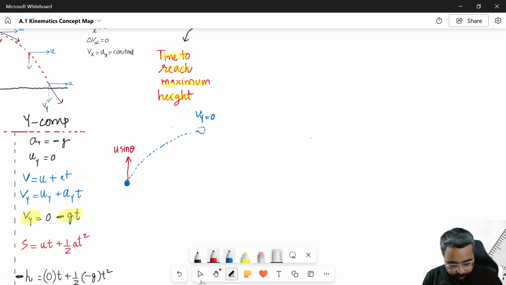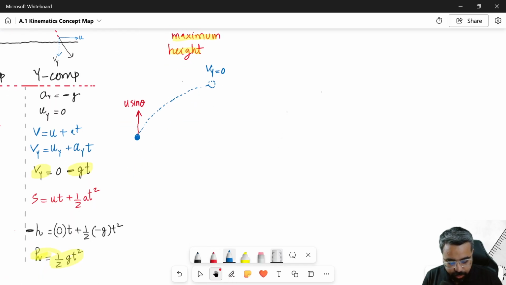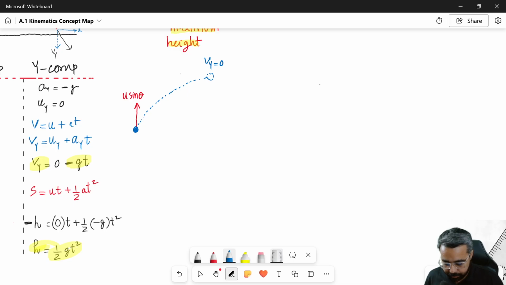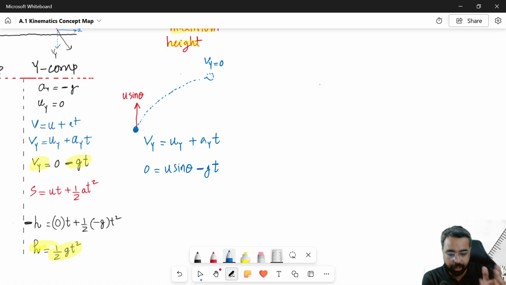So if I want to find the time, which equation should we apply? Don't you think the simple equation vy equals uy plus ay times t? So we have transformed the first equation for the y component of motion, and now we have to put in the values. 0 equals u sine theta, positive because it's upward, minus gt. Now this t is not the total time of journey, it's the half time.